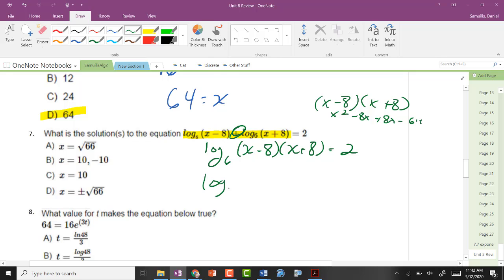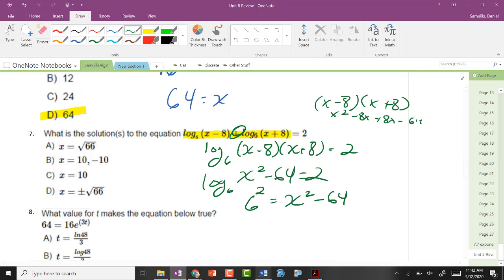So that gives us log base 6 of x squared minus 64 equals 2. Now we'll convert to exponential. Logarithmic equations convert to exponential equations. Exponentials convert to logarithmic. So let's convert it to an exponent. So I end up with 6 squared equals x squared minus 64.